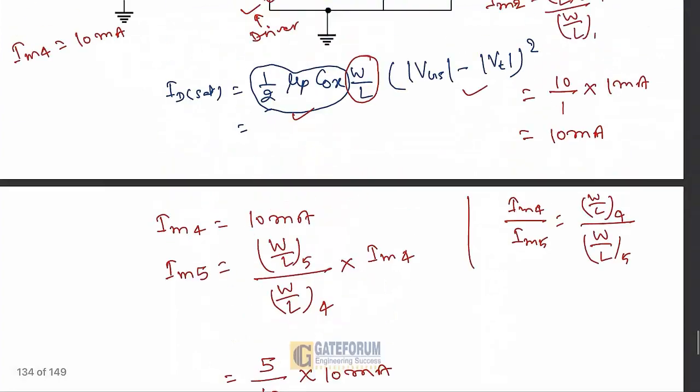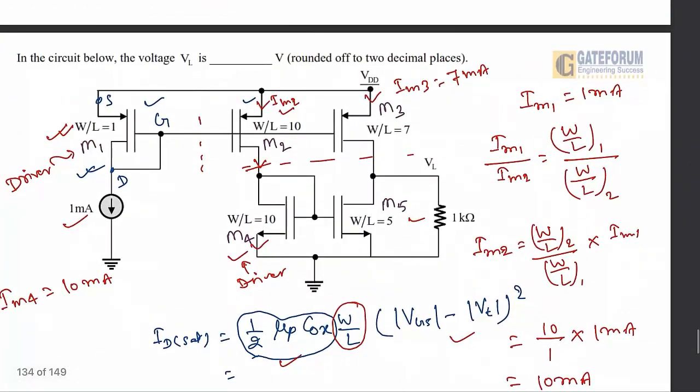We'll come to the figure again. Here IM5 we got as 5 milliampere. At this node point, the current coming as IM3 is 7 milliampere.